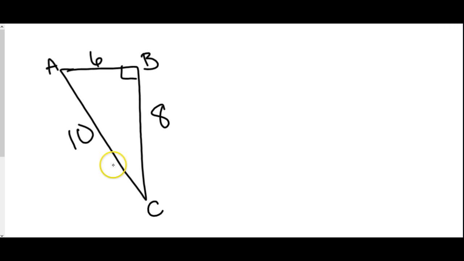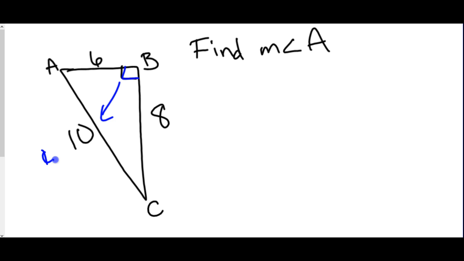So let's say we have this triangle, and I want you to find the measure of angle A. So we're still going to be using tangent, which means we still need to do a hypotenuse, opposite, and adjacent. So across from the right angle is hypotenuse. Across from, since we're looking for angle A, across from A is 8. So that would be opposite, and then the last one is adjacent.